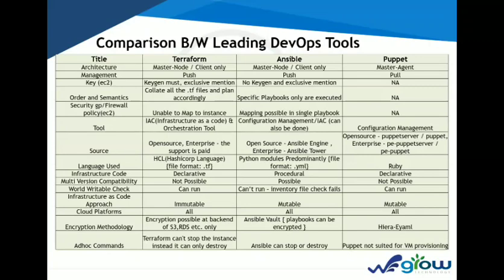The reason Linux is very important now is that all these tools we are talking about, whether Ansible or Puppet or Chef or SaltStack, regardless Terraform, the master node can work only on the Linux platform.